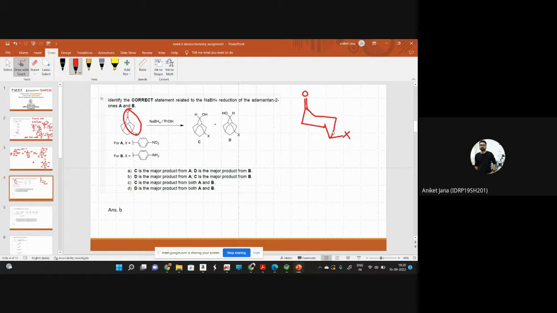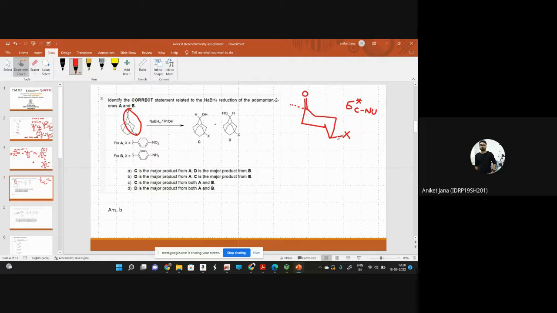So what it is saying is that the electron density of this bond will donate to the forming carbon nucleophile bond, the new bond that will be formed, stabilizing the sigma star orbital of the carbon nucleophile.